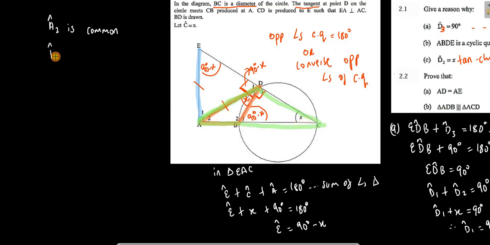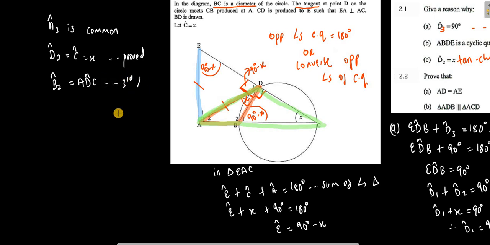So we say angle D2 is equal to angle C, since both are X. We already proved this before. Then the remaining angle in the red triangle is B2. And the one in the green triangle that we have not talked about: we talked about A2, we talked about C, we have not talked about ADC. So we simply say ADC, third angle.